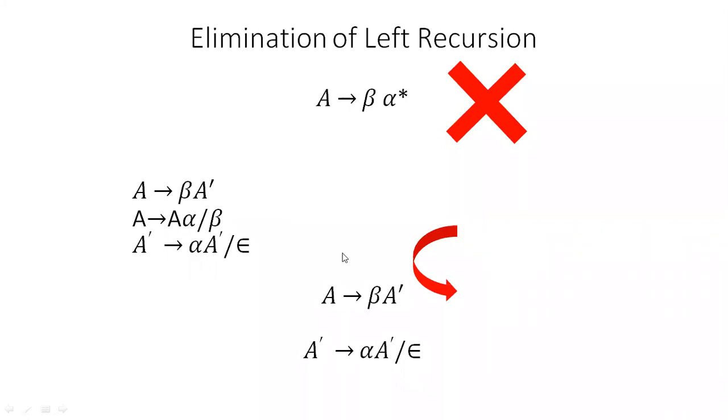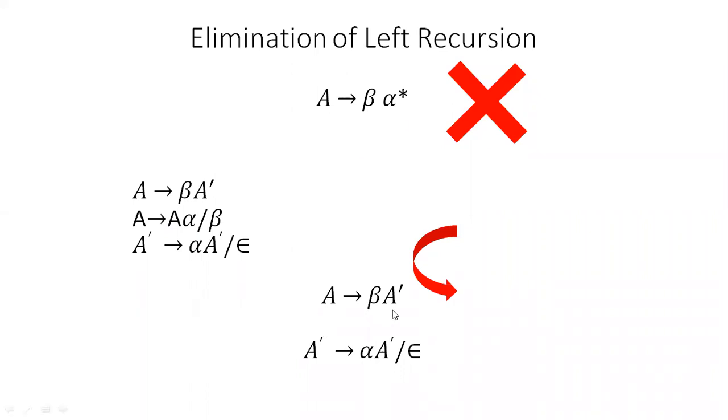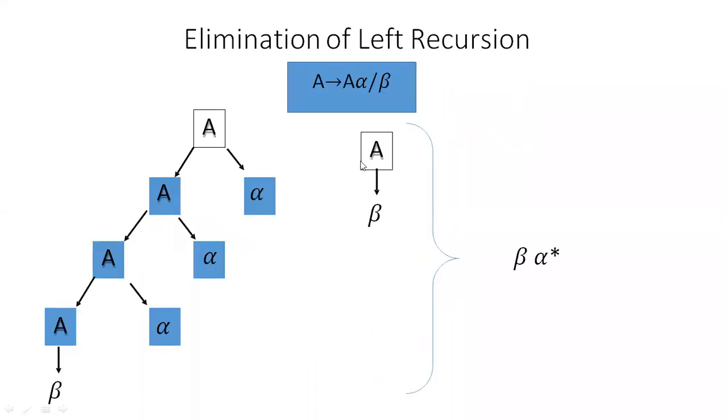So we are modifying it with two other rules like this. If the grammar is in the form of A tends to A alpha or beta, then it should be converted into A tends to beta A dash, and A dash tends to alpha A dash or epsilon. Please make a note of this.